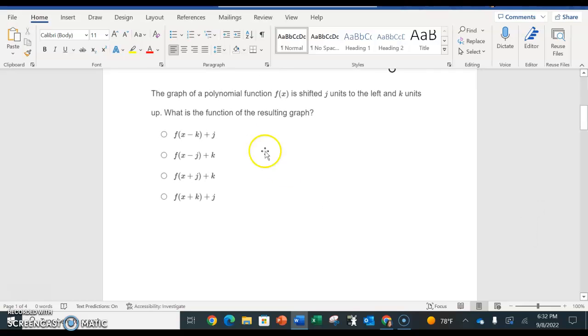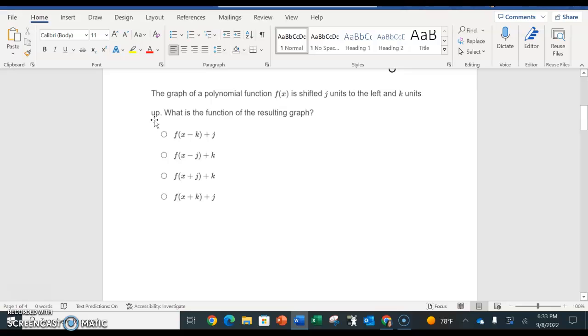All right, the graph of a polynomial function f of x is shifted j units to the left. Remember, if you move to the left, you're moving in the negative x direction, but that's actually a plus j. So this would be plus j going to the left, and then k units up. The up or down movement is the same sign that you would expect.